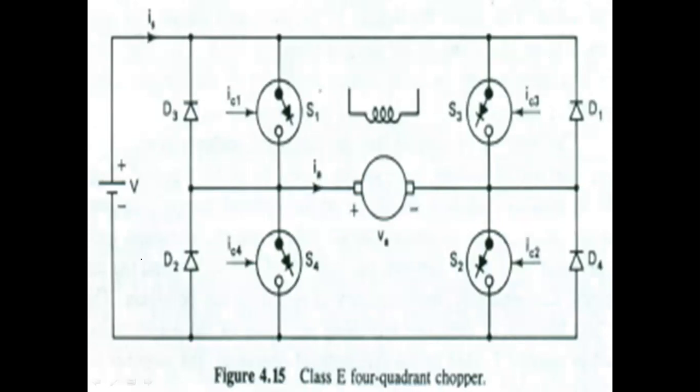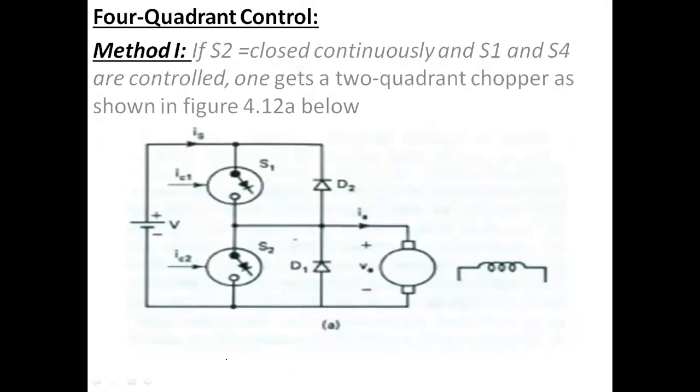Okay, so method 1 is by using the circuit of figure 4.12a, that's why I am showing you this figure. There are two methods, method 1 and method 2. Method 1 uses the circuit in this figure, which is a 2-quadrant chopper.